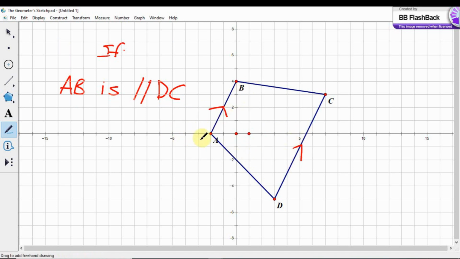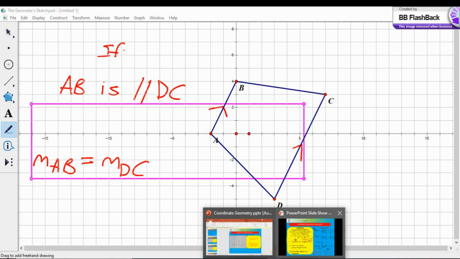Now, if they're parallel, then their gradients should be equal. So the gradient of AB should be equal to the gradient of DC. Let's go ahead and prove it. That's all we're really required to prove.